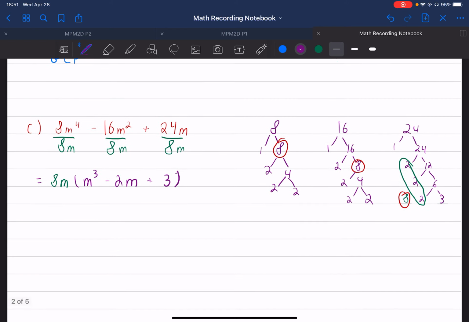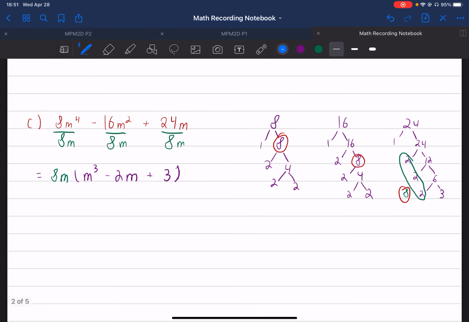One way that we can check to make sure that we have done this properly is simply multiplying it out and seeing if we get the same answer. Because this one was a little bit more complicated, let's double check our answer. We're going to redistribute in this 8m. You can check your answers by doing this at the end if you're not quite sure that you did it properly.